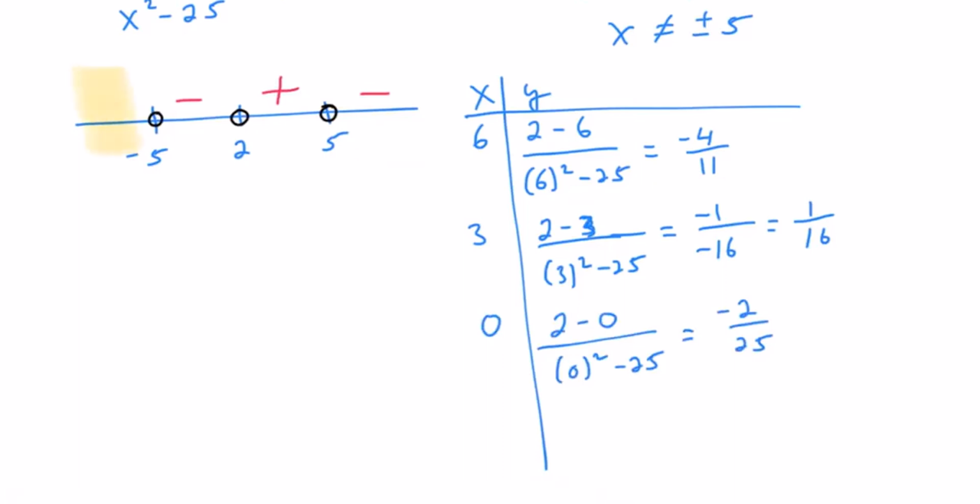Let's pick a number that is less than negative 5. So let's pick negative 6. So we have 2 minus a negative 6 over negative 6 squared minus 25. So this is 8 over 11. So we have a positive interval.